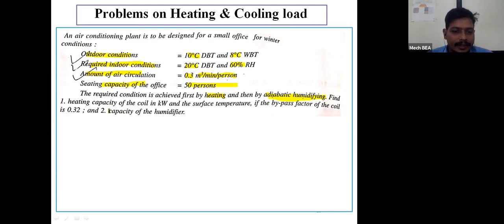Find the heating capacity of the coil in terms of kilowatt and the surface temperature of the coil, if the bypass factor of the coil is 0.32. And second, we have to find out the capacity of the humidifier.